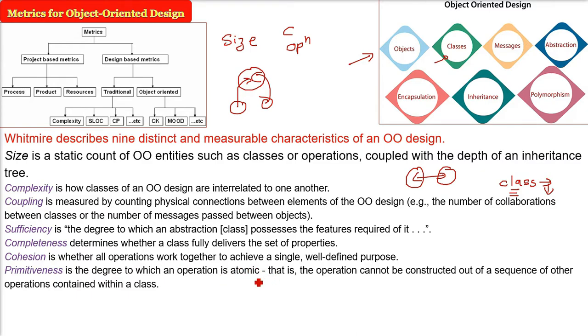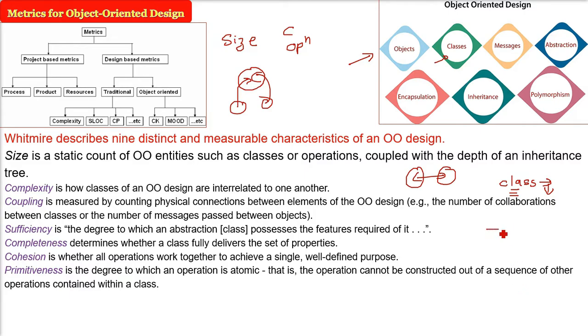What does it mean, atomic? That is, the operation cannot be constructed out of a sequence of other operations contained within a class. So if certain operations are there, this operation cannot be completed until those operations are also taken care of or included. This is primitiveness.